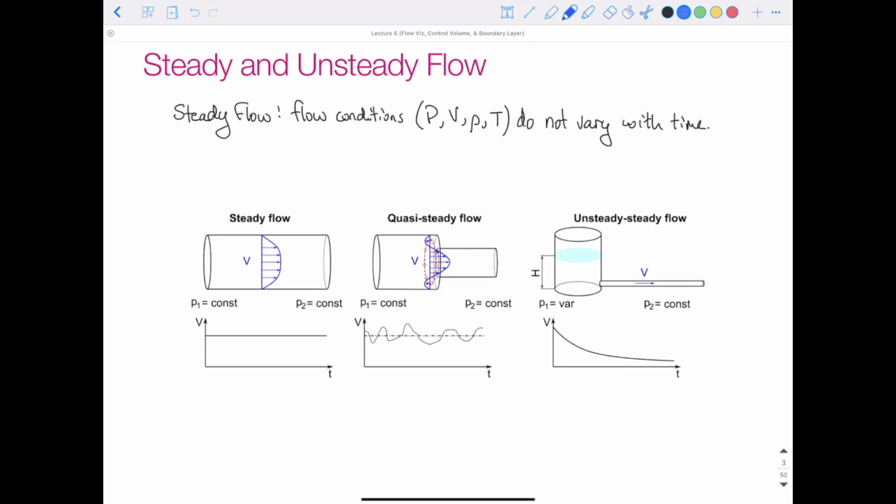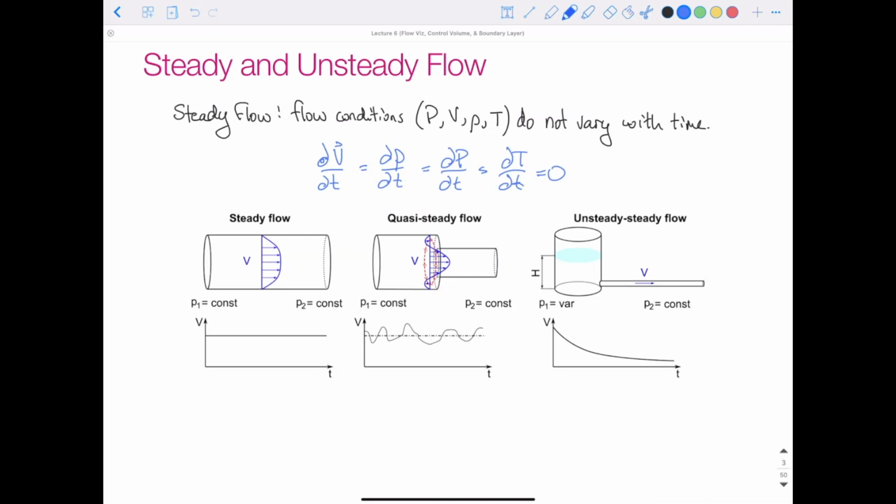So if we were to write that in an equation, we could write the derivative of our velocity with respect to time would be equal to the derivative of our density with respect to time, equal to the derivative of pressure with respect to time, equal to the derivative of temperature with respect to time. They're all equal to 0. So steady, as it indicates, just means that it's in a steady state. Things aren't changing over a period of time.